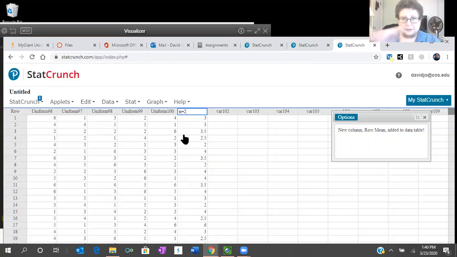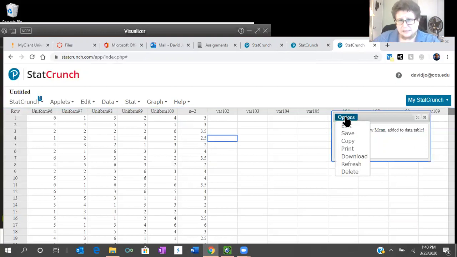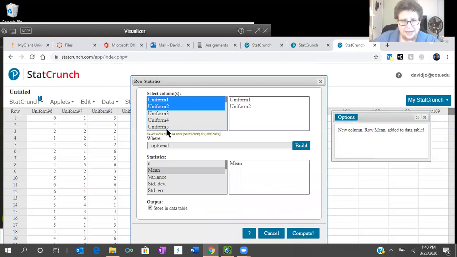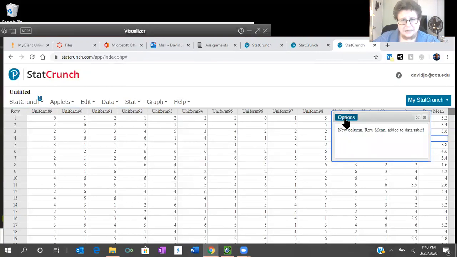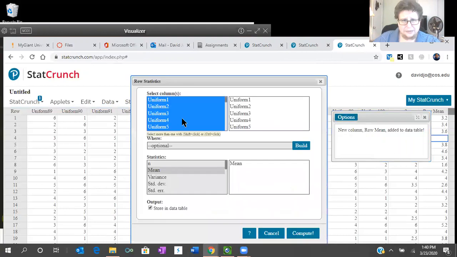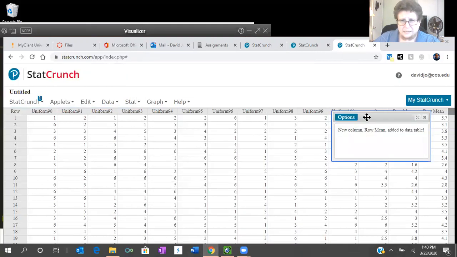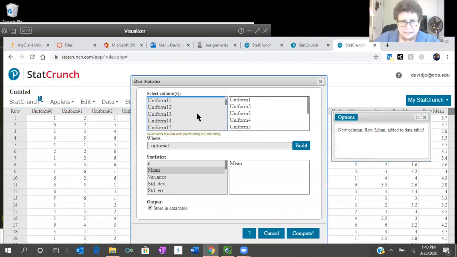N equals 2. Let's look at n equals 5. I'm going to do n equals 10. N equals 25.